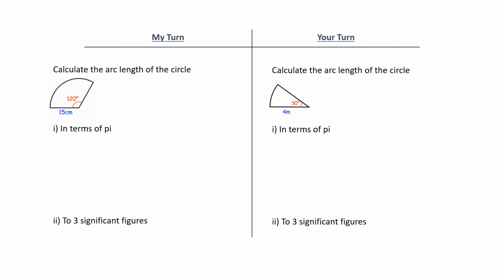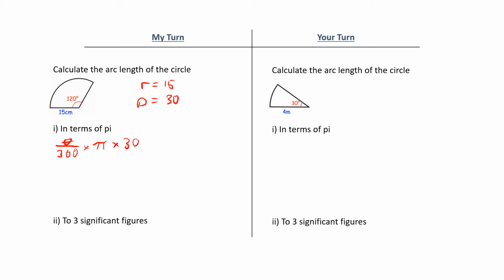Let's have a go at another one. This time we've not got a right angle, we're given that the angle is 120 degrees. Our radius is 15, which means my diameter is going to be 30, double the radius. Start with your formula: theta divided by 360 times pi times diameter, which is 30.